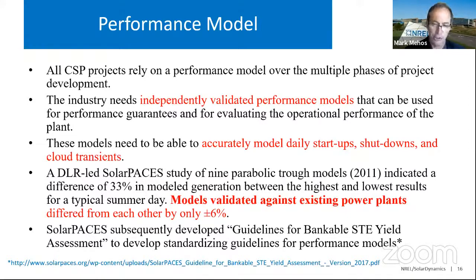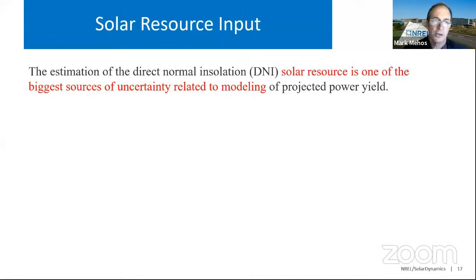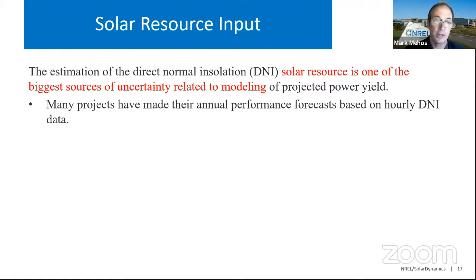And I highly encourage you to look at that if you haven't already. I suspect you have. Okay, the other important aspect of modeling is solar resource input. So that we found that the estimation of the DNI, the direct normal insolation resource, is one of the biggest sources of uncertainty for modeling the projected annual power yield or daily power yield.